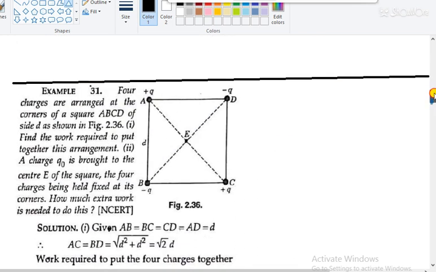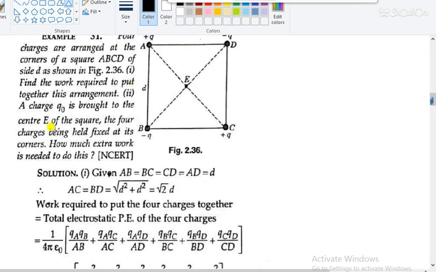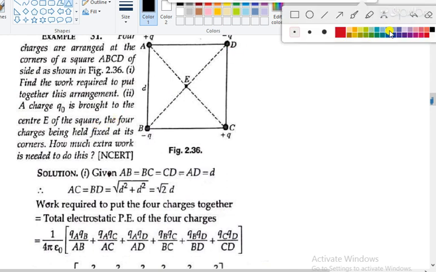So in the next part he is asking about a charge Q0 brought to the center E of the square. He is asking in the second part that if we bring a charge at E, and that charge is Q0, so the four charges are held fixed at the corners. So when the four charges are arranged, after that we are taking this charge Q0 from infinity to this point.